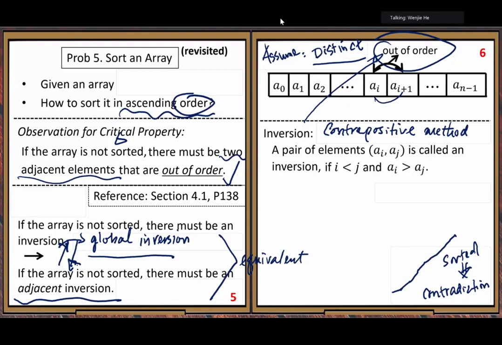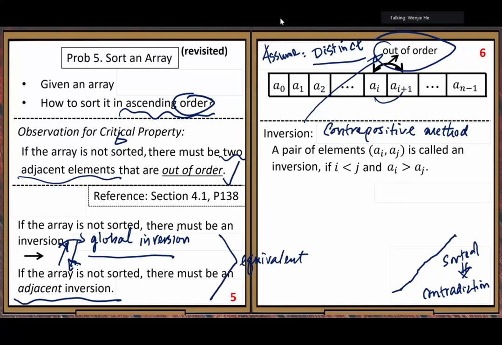Based on this understanding, which version is more friendly for our algorithm design?